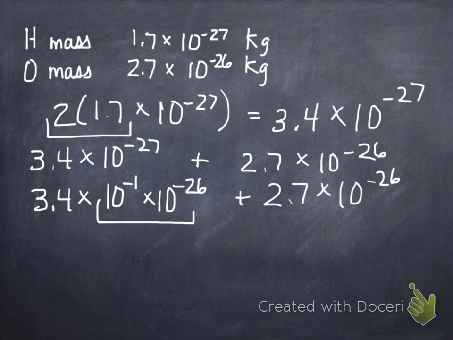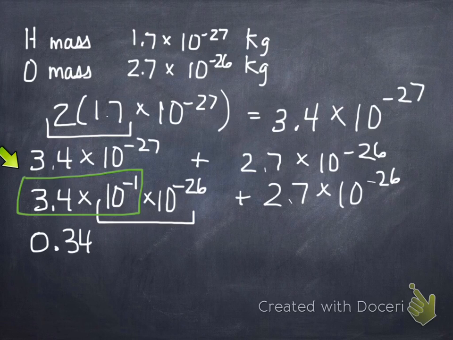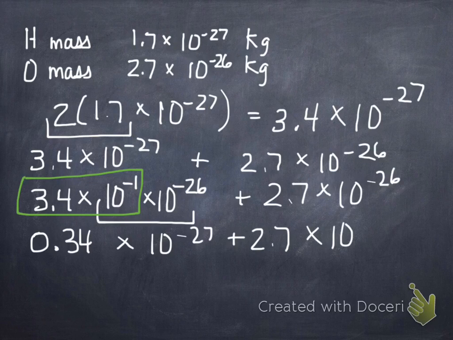Okay, so 3.4 times 10 to the negative 1, I want to combine that, so I'm going to do that. And so when I put those together, I'm going to get 0.34, so I've taken the 10 to the negative 1 and moved the decimal place on this one place to the left. Okay, so this is times 10 to the negative 26 plus 2.7 times 10 to the negative 26.